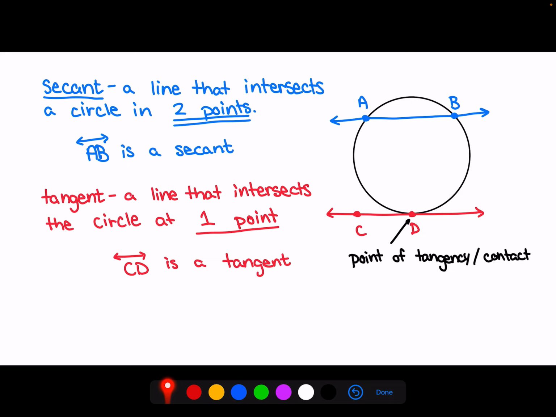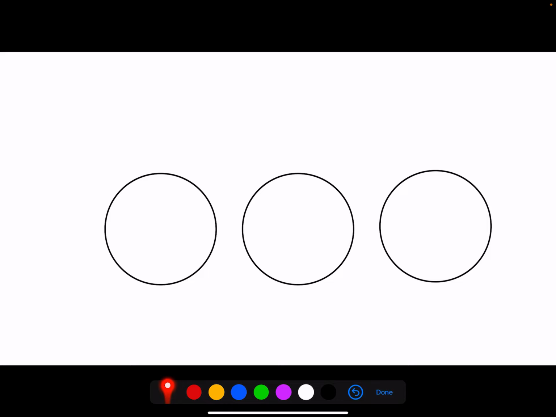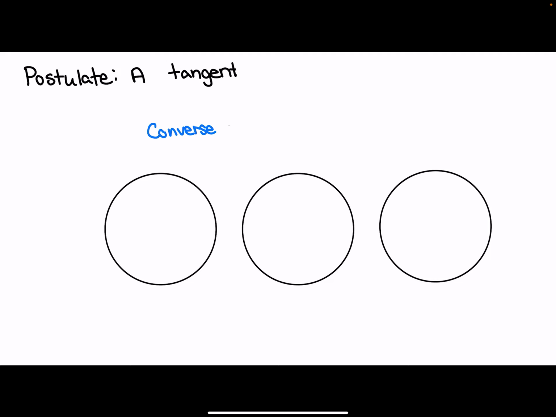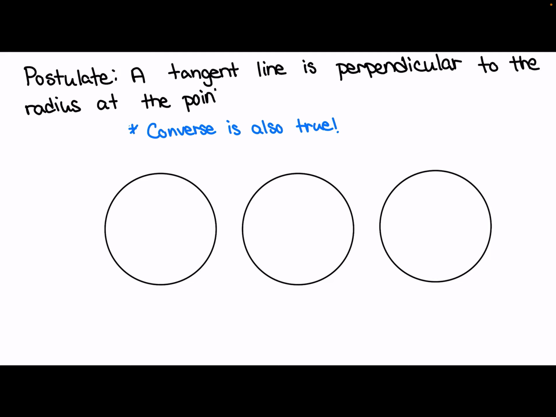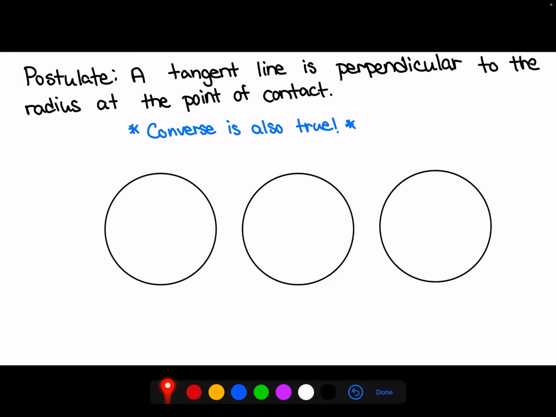All right, next up, we're going to talk about our first postulate of tangents. The postulate is a tangent line is perpendicular to the radius at the point of contact. The converse of this postulate is also true.